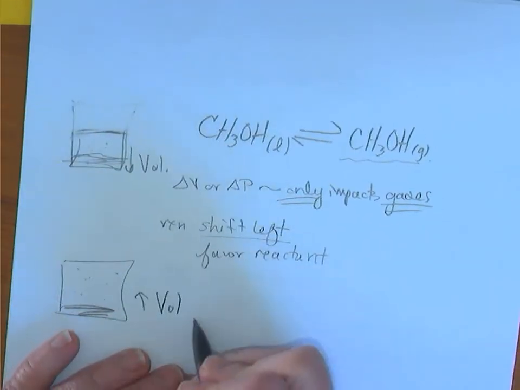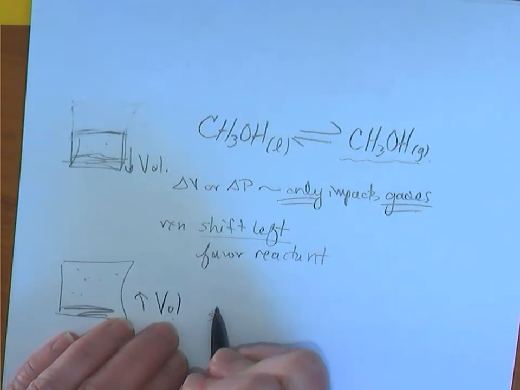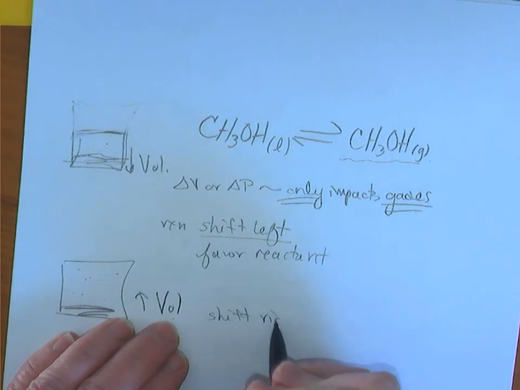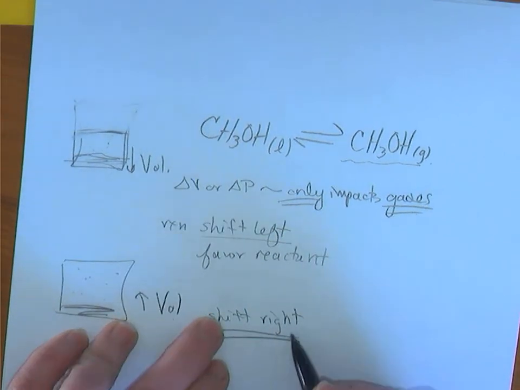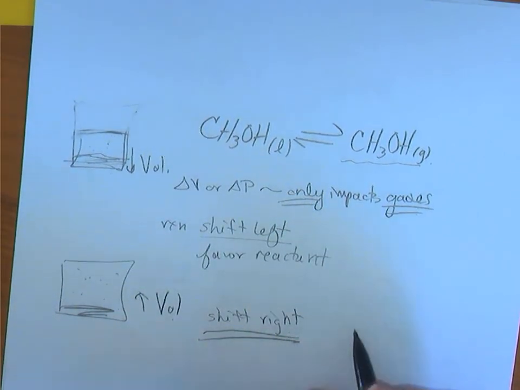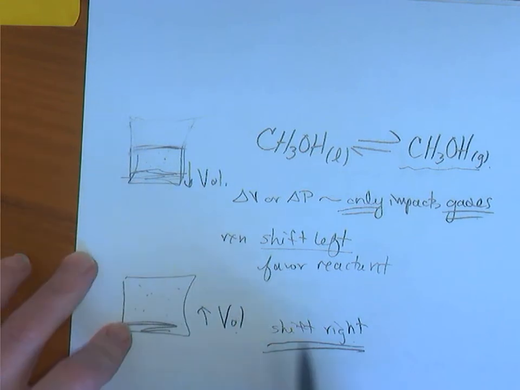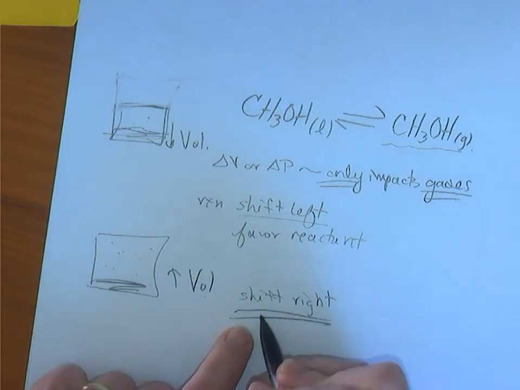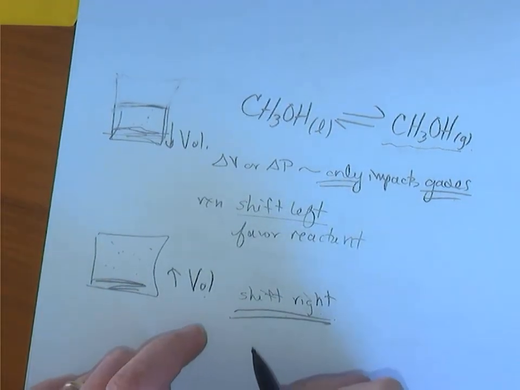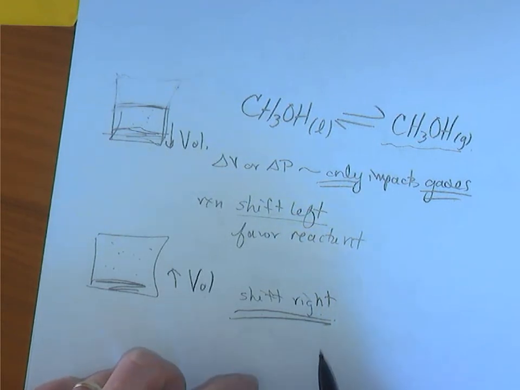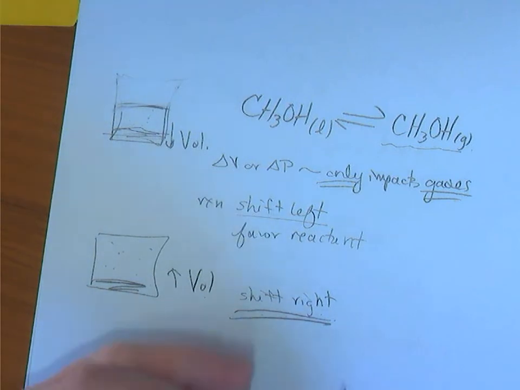And so in that case, we would shift right. We would be making more product to replenish the vapor that seems to have been lost because of the increase in volume. Or we could say favor right, the rate of vaporization will exceed the rate of condensation, and then eventually the balance is regained.